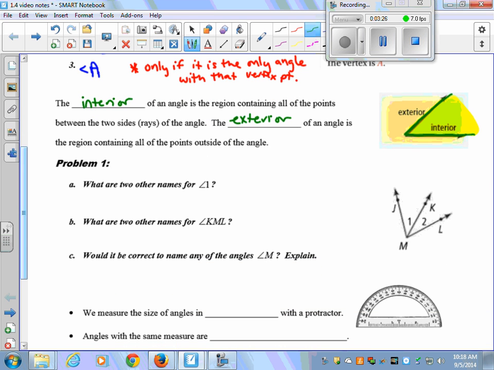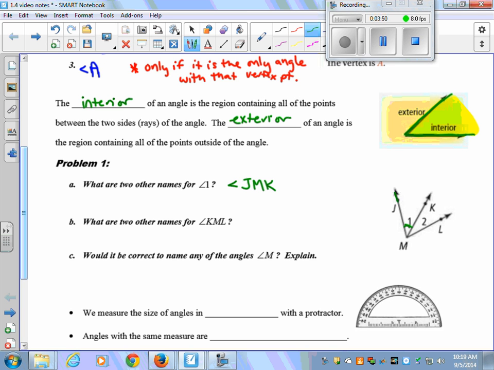So if we try these problems based on what we just learned, what are two other names for angle 1? So here's angle 1 right here. How else could we name this angle other than angle 1? I will give you one example. Angle JMK.